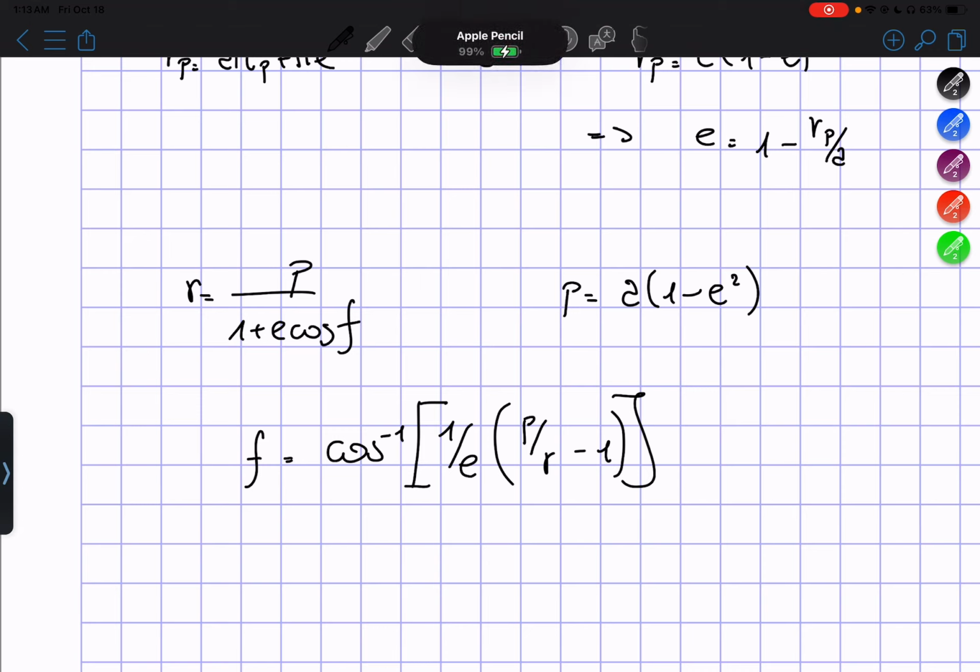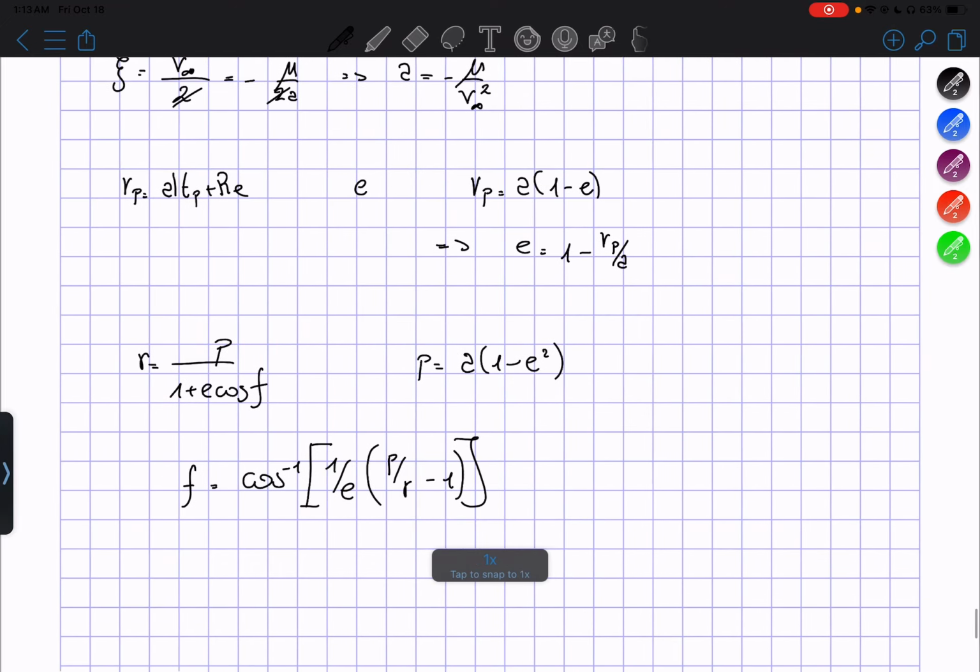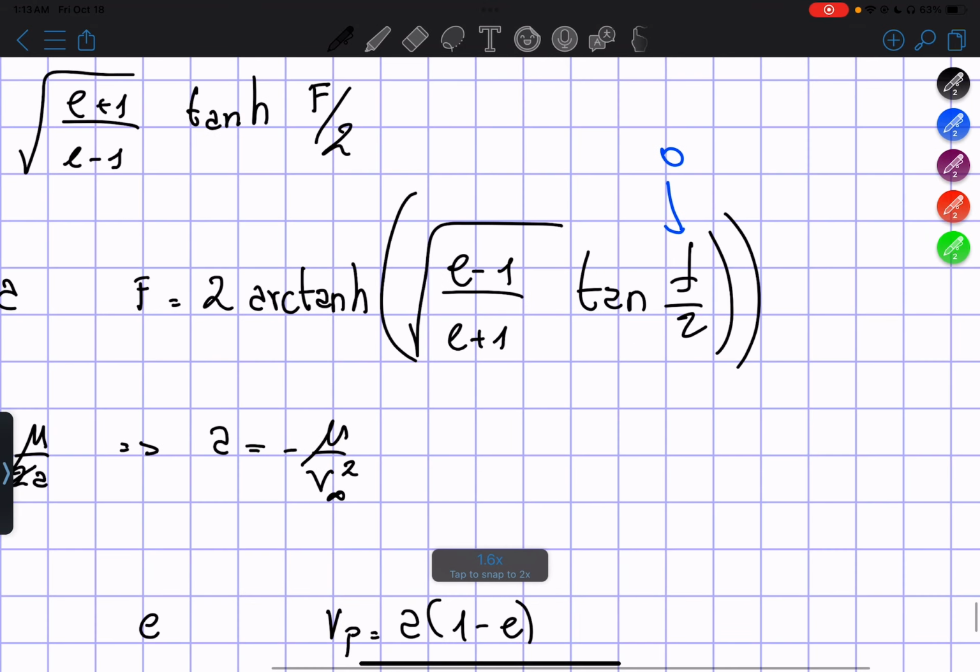So I'm going to find F final, which we said is the arccosine of 1 divided by E times P over R final minus 1. And then we go back to this thing here.